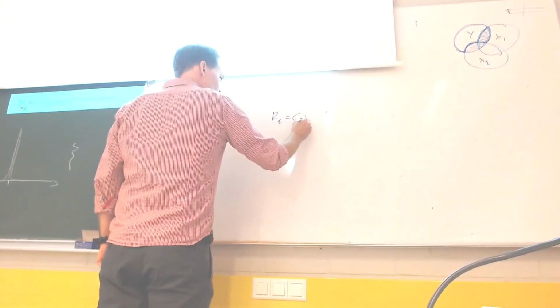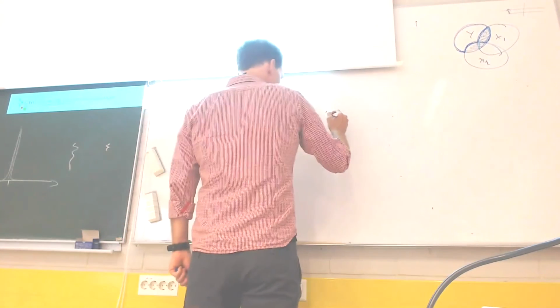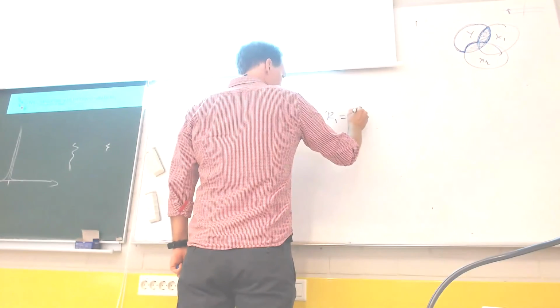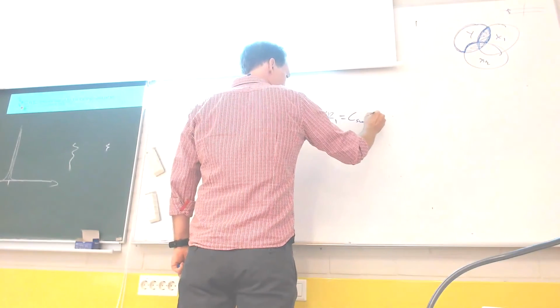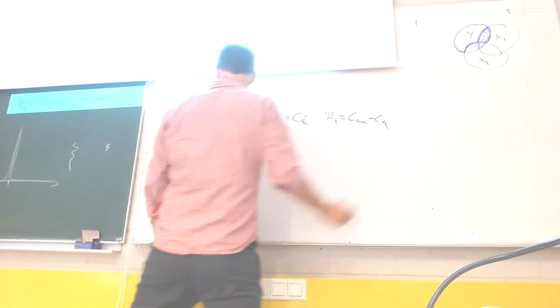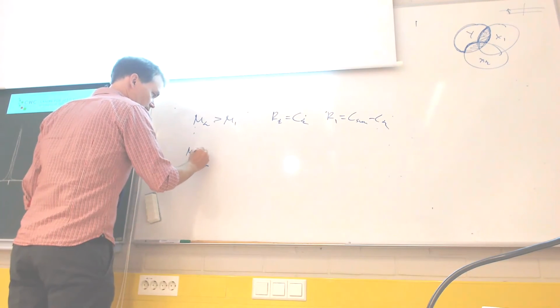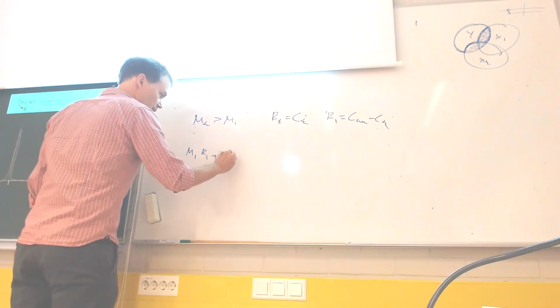So R2 is C2, and R1 is C sum minus C2, and again mu1 R1 plus mu2 R2.